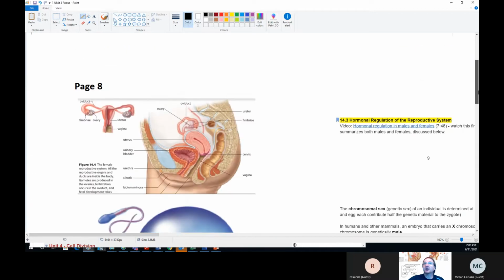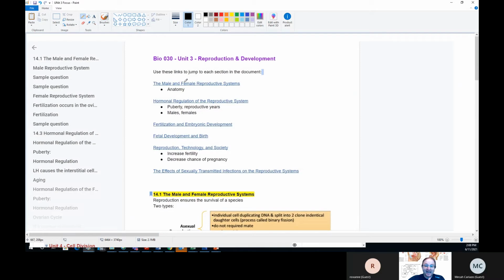So for our unit here, you want to know the anatomy, the structures, you want to know the hormones, and the process of gamete production. Gametes, a fancy word for either production of sperm in males or production of eggs in females. Ultimately, a gamete has half the chromosomes.